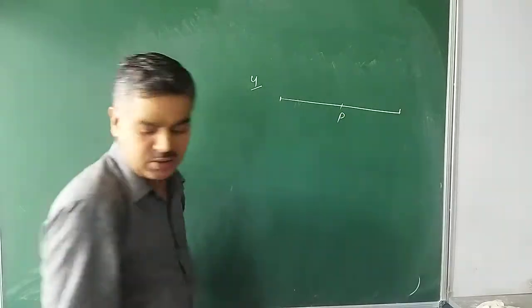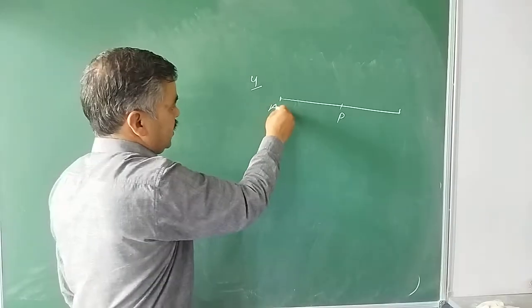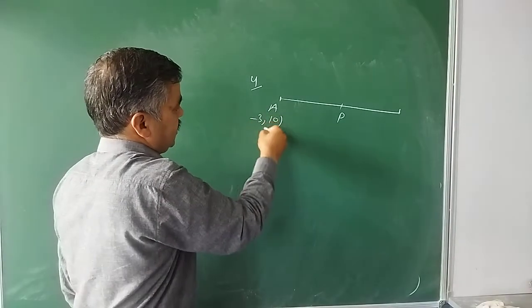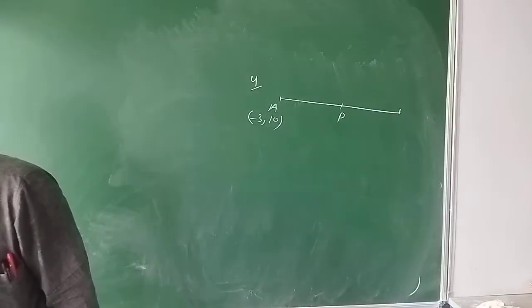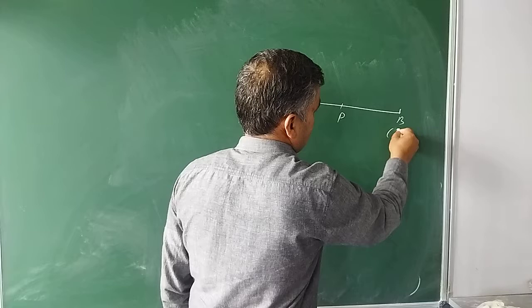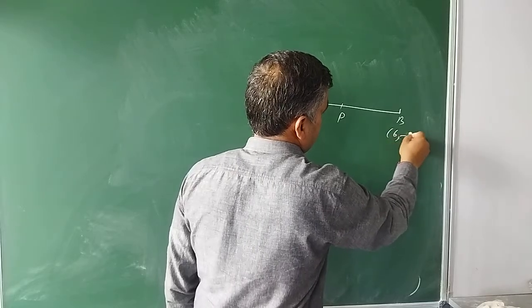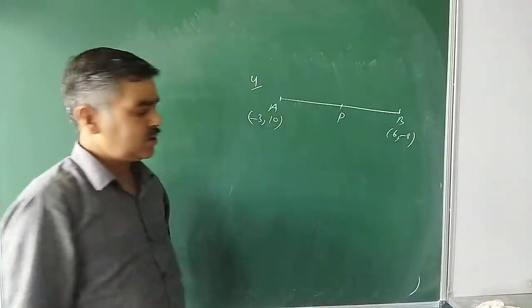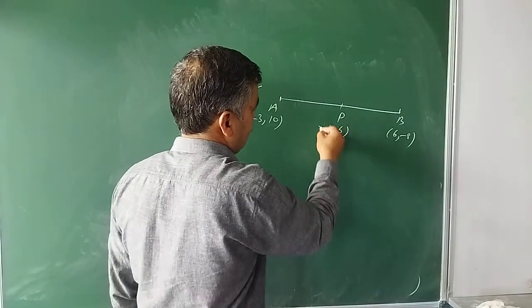These are the points, A and B: A is (minus 3, 10) and B is (6, minus 8). The ratio in which it is divided by the point (minus 1, 6) I need to calculate. So here are the coordinates given to you.